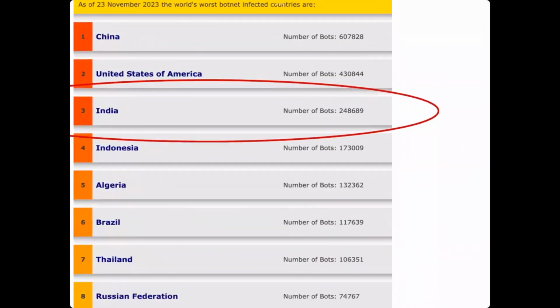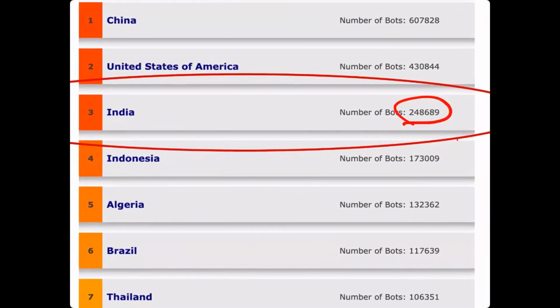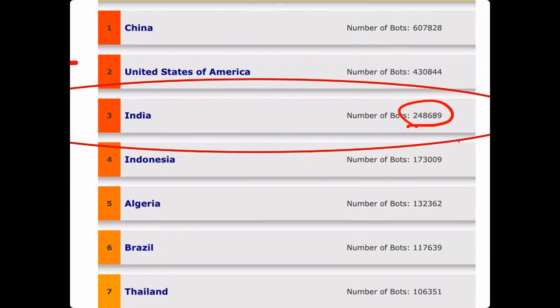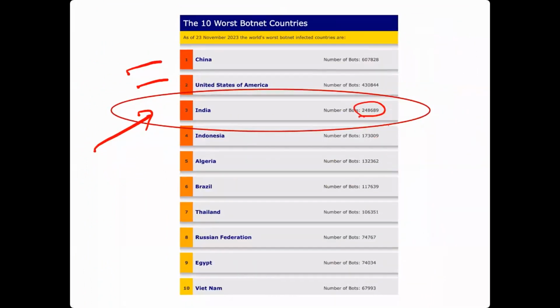And the number of bots is this much, 248,000, something like that. This number is in millions, I guess, right? I'll just check it up. It can't be this small, right? It has to be a much larger number anyway.